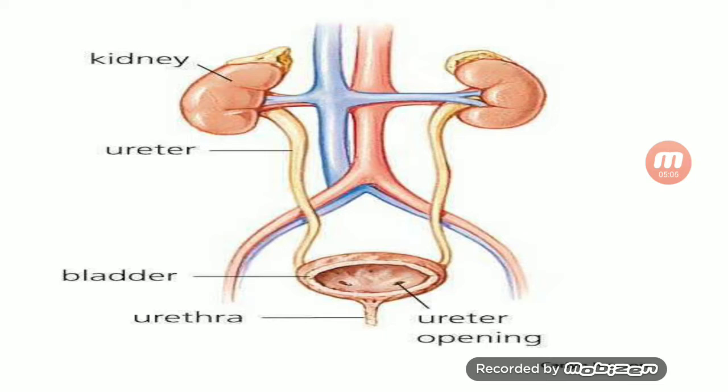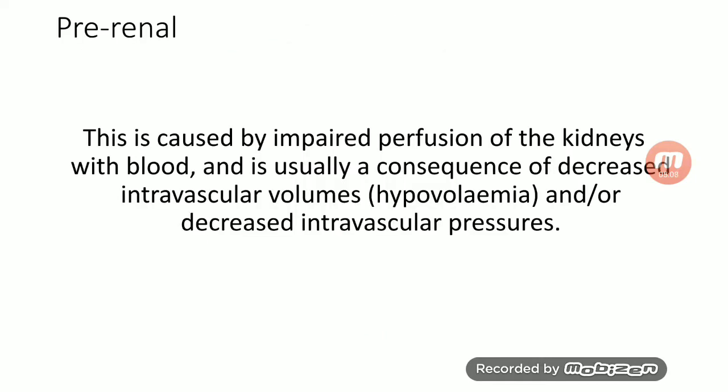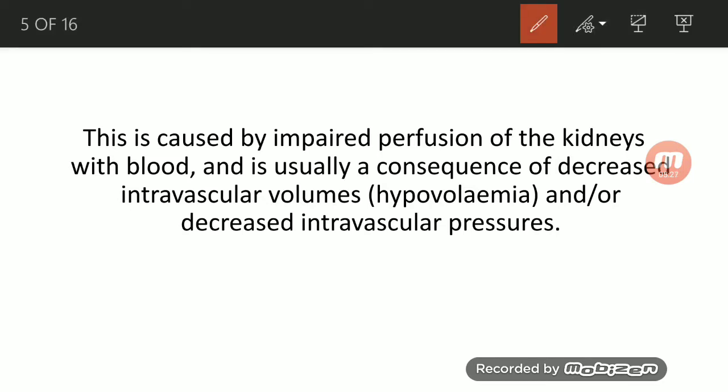So first we come to pre-renal. In case of pre-renal, the main cause of pre-renal injury is impaired perfusion of your kidneys. When we say there is impaired perfusion, it means that your blood supply to your kidney has declined.